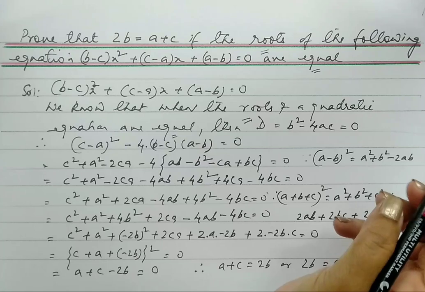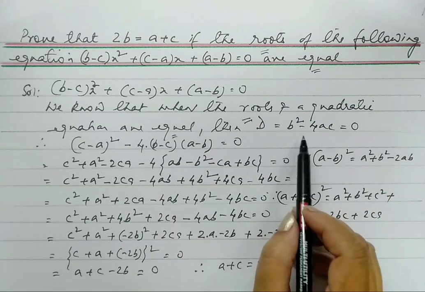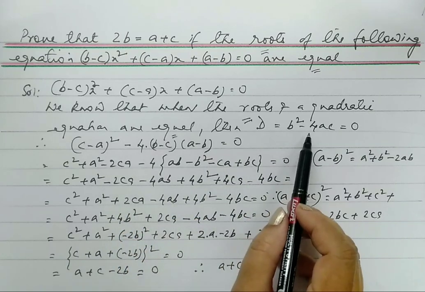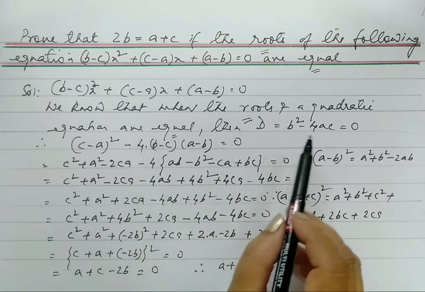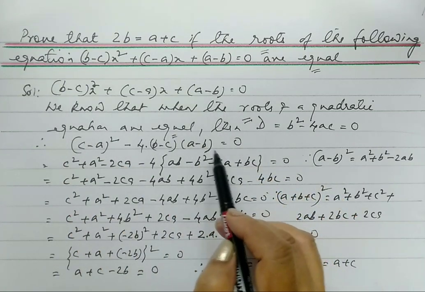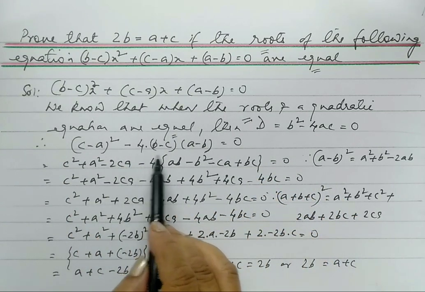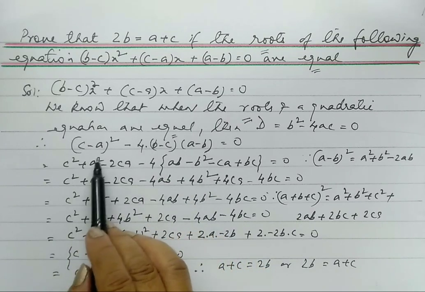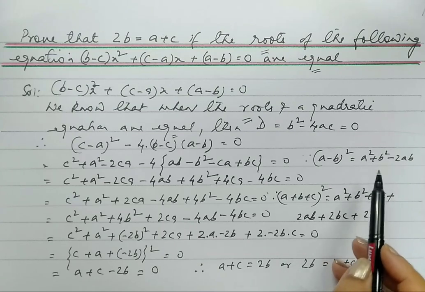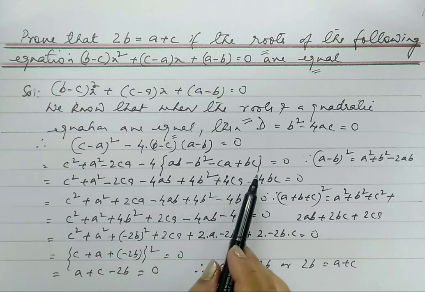Got it? So when we solve this, by bringing our b squared here and 4 here and a from here and c from here, and then multiply this side, this and this by following the identity, we try and simplify this.